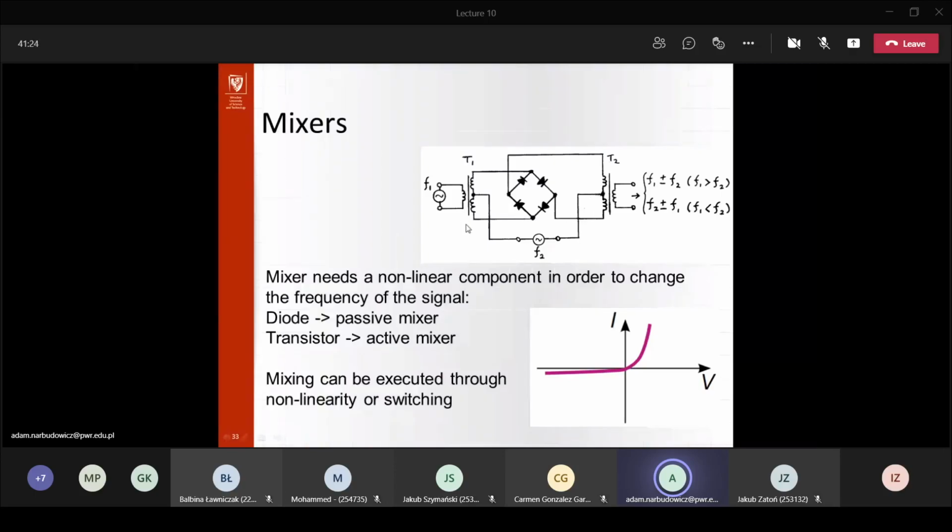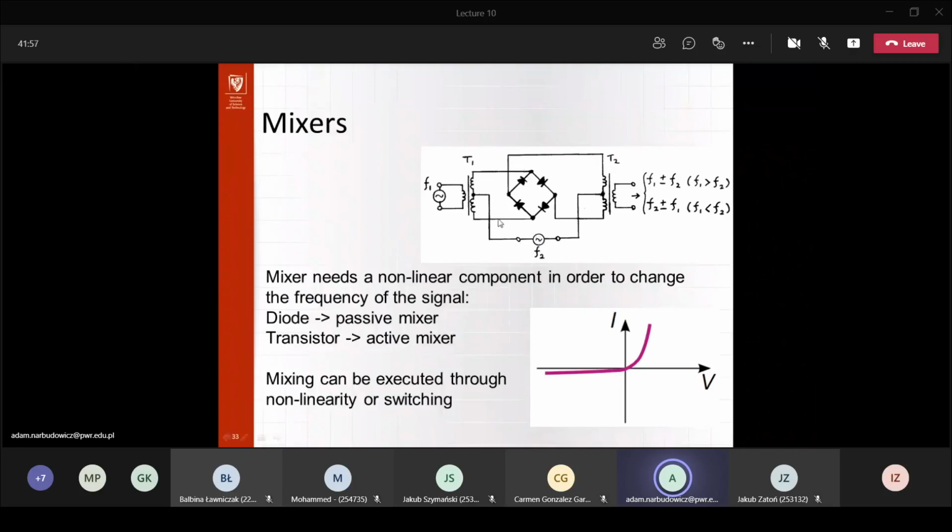So basically what happens here, we have the frequency F1, this is our RF signal, highly changing. It is coupled through a transformer, through a coil in this way, and in the middle we inject F2, which in this case is our LO signal, also highly changing.